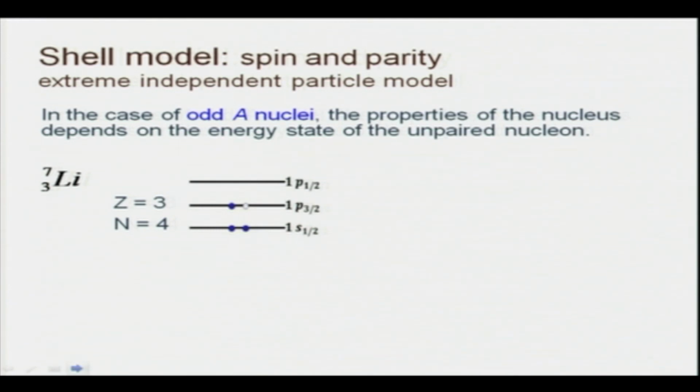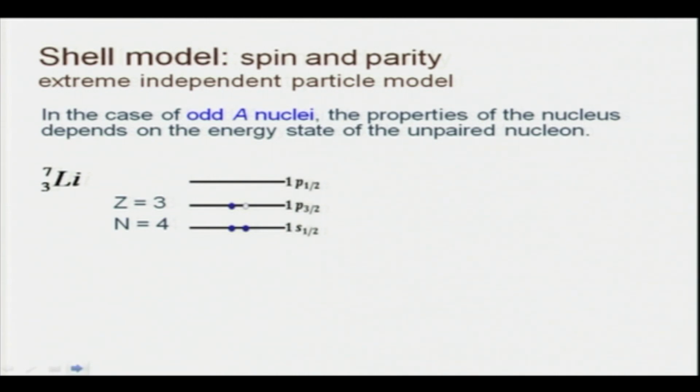And the extreme independent version of the shell model says that the properties of the nucleus are decided by this single unpaired nucleon. In the case of lithium 7, it is the unpaired proton.